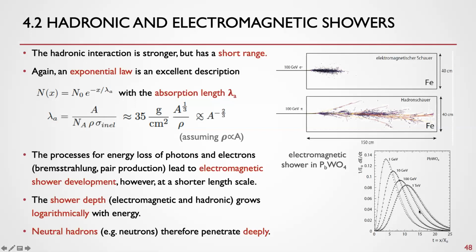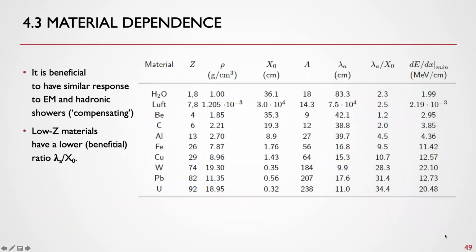It also explains why we have to build the detectors many radiation lengths, and for hadronic interactions, many absorption lengths deep. Typical numbers are 20, 25 or so.